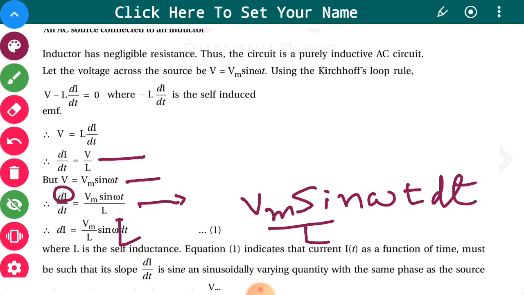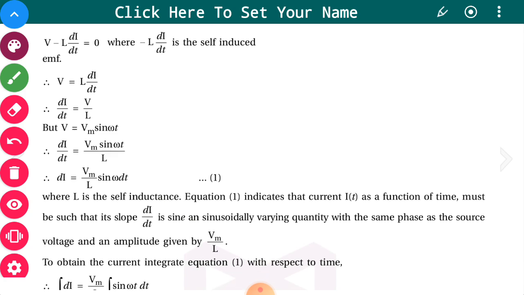So it must be di is equal to Vm sin omega t dt upon L. This is very clear, very easy mathematics.